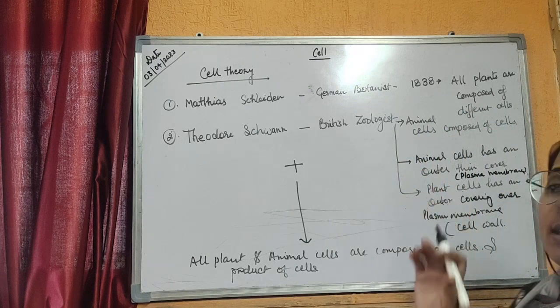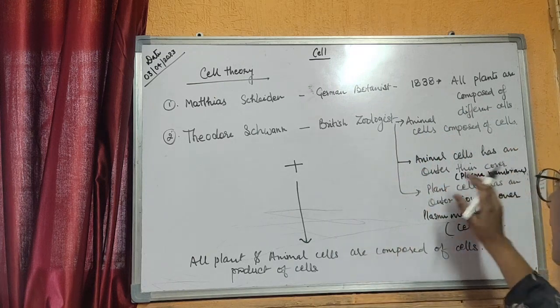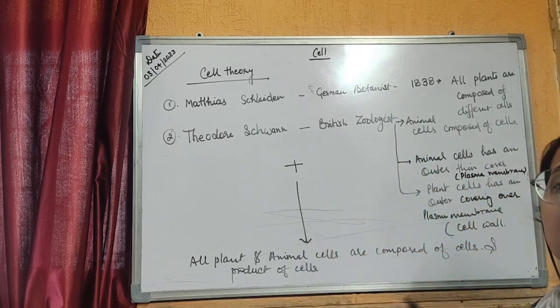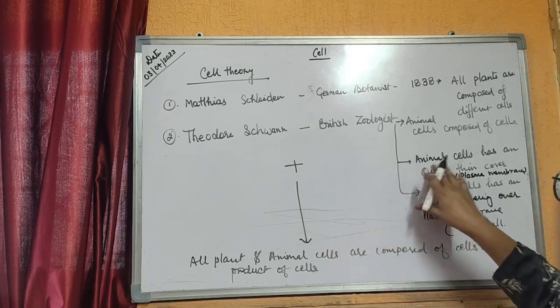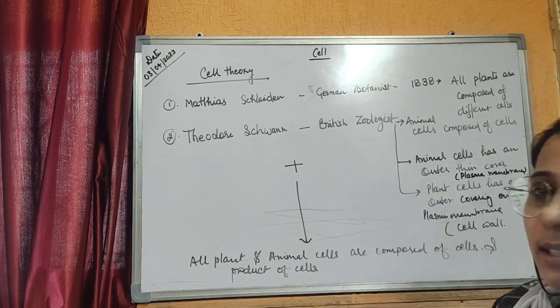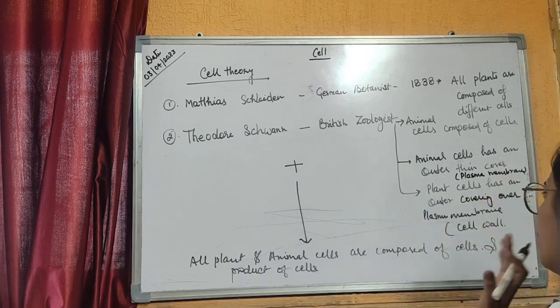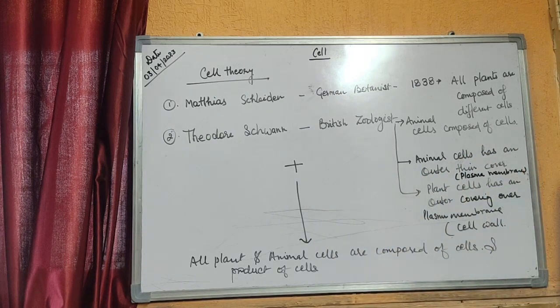He also discovered the plasma membrane, but the name was not given then. He just said that animal cells have an outer thin cover, which was later called the plasma membrane.